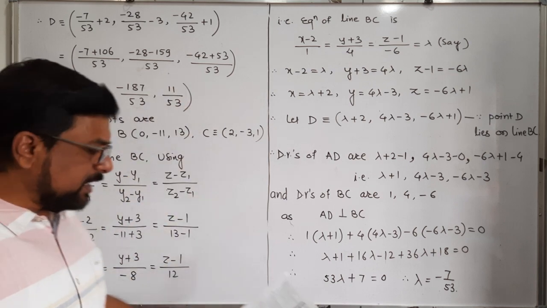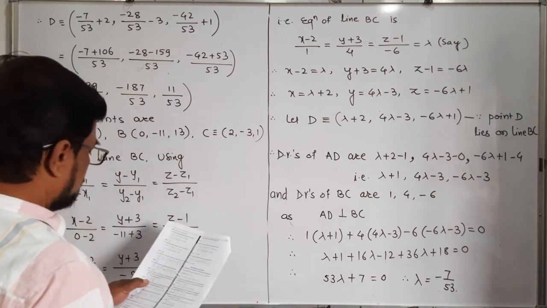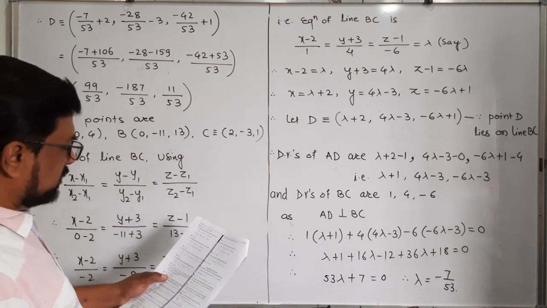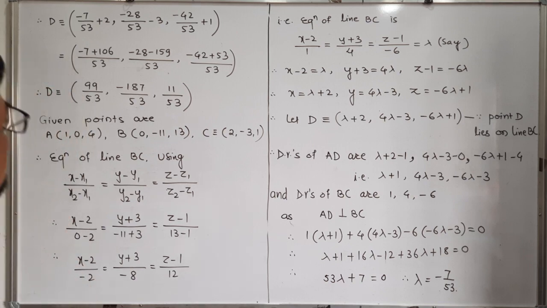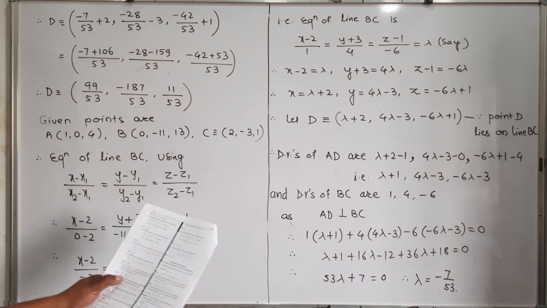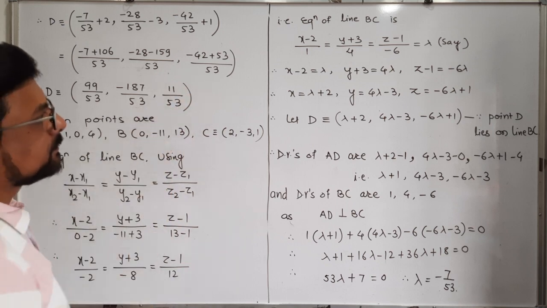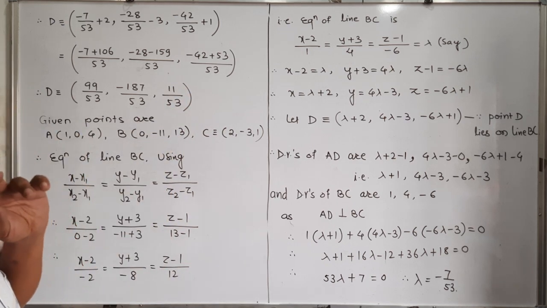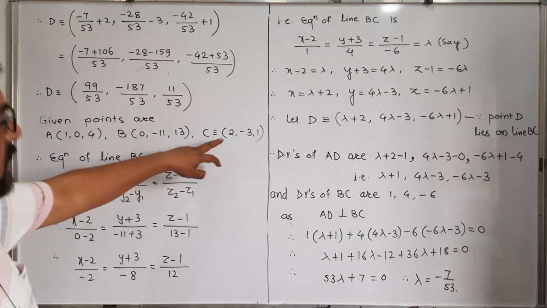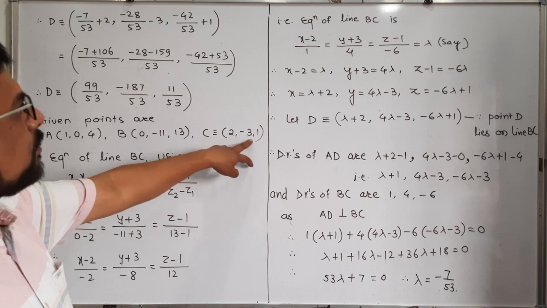These are the coordinates of, one minute we will check it. For coordinate D, the last Z coordinate is here 95, but it is not 95, it is 11/53. Once again we'll check it. For line BC, C has coordinates 2, minus 3, 1.